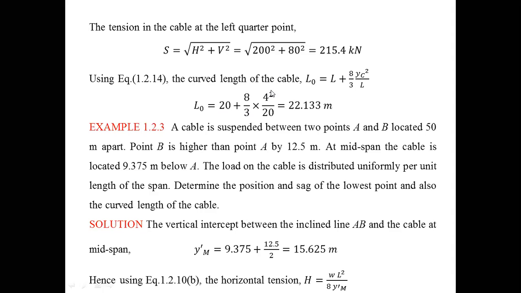So to connect supports A and B subjected to uniform distributed load 16 kilonewton per meter, how much length is required? 22.133 meters of cable is required, not 20. The distance between the two points is 20, but 2 more meters is extra, 22.13. This is the way of calculating it if the supports are at the same level.